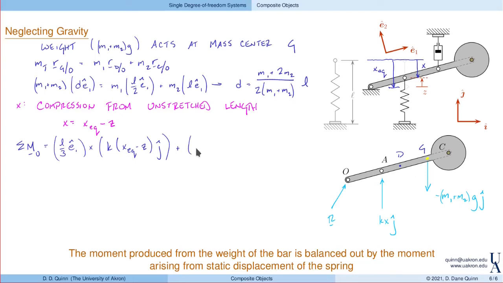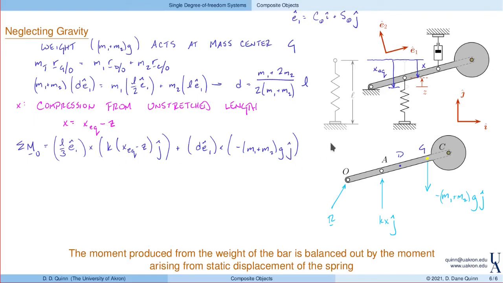So then the moment due to gravity is d in the E1 direction cross the weight, m1 plus m2 g in the j direction. Recall that E1 is cosine of theta i plus sine of theta j.